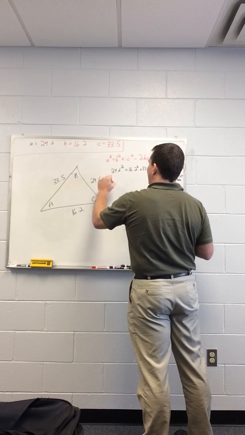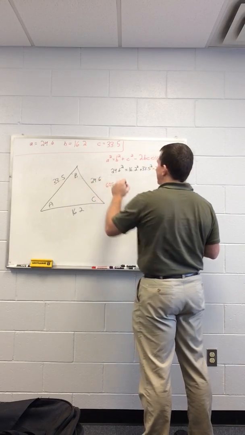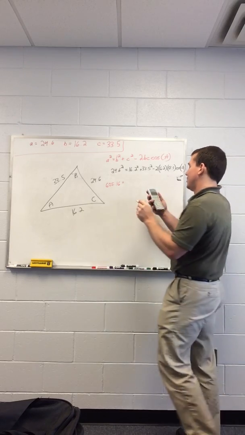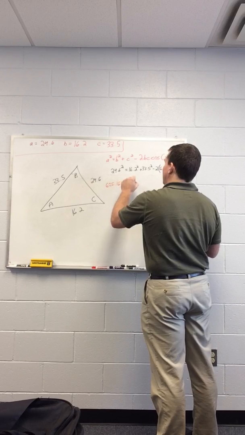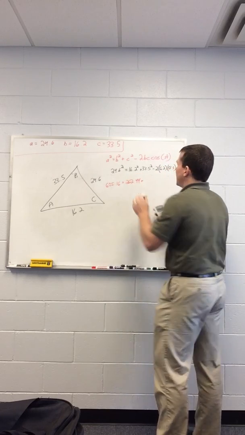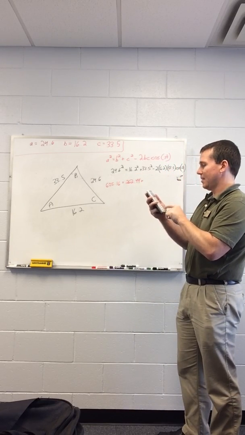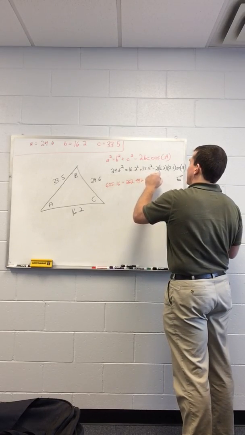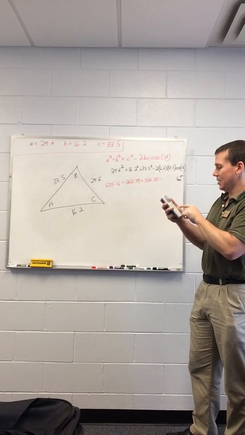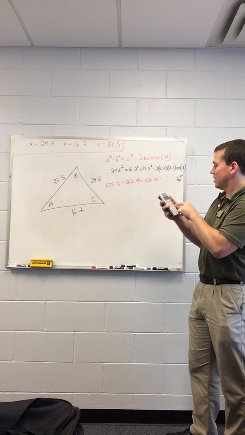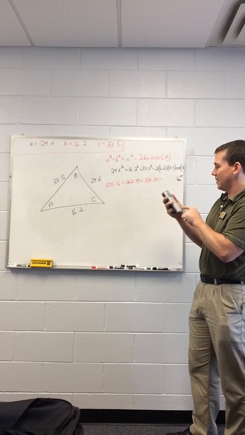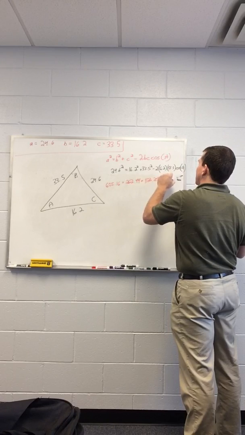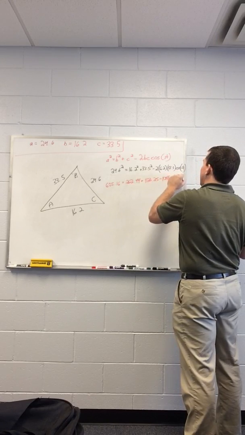I'm probably going to run out of room, but we'll try to make this work. 605.16 equals 16.2 squared, which is 262.44, plus 33.5 squared, which is 1122.25, minus, let's see, 2 times 16.2 times 33.5 is 1085.4, times cosine A.